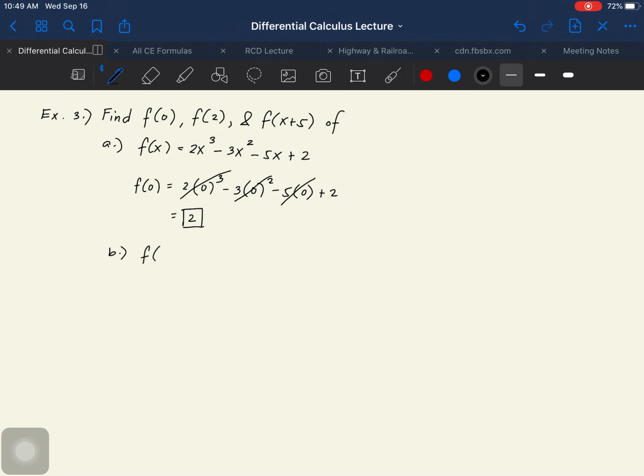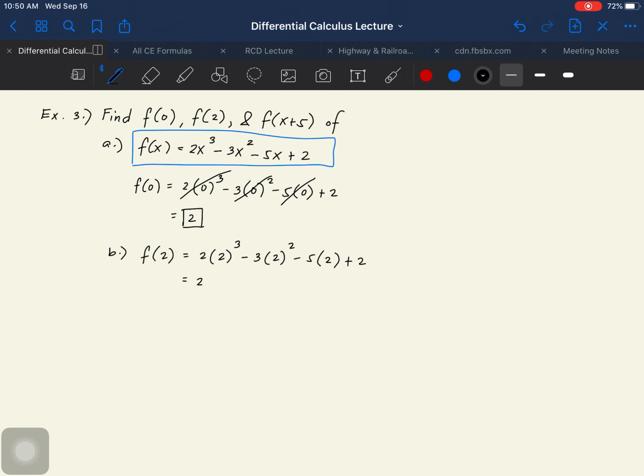Now B. What is the value of f of 2? Now for f of 2, we will be substituting the value of 2 in x. So concentrate in this equation. So we have there 2 multiplied with 2 raised to 3, minus 3 times 2 raised to 2, minus 5 times 2, plus 2.